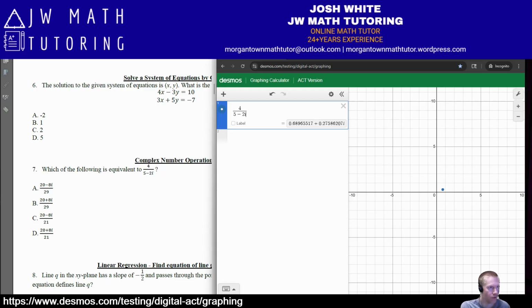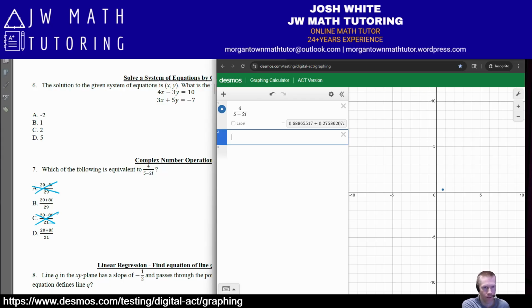So you have to do a little process of elimination to figure out which answer is correct. The first thing I notice is the i term here is positive, so this is out and this is out. Now we're down to these two choices. All we have to do is check one of the numbers and see if it matches. If it matches, that's the correct answer. If it doesn't, it's not.